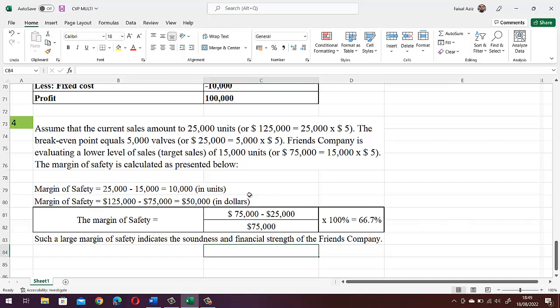Normally when we calculate the margin of safety, we take our reference point as the break-even. Here, the margin of safety ratio which I have calculated is between the lowest target and the actual break-even. The lowest target which the company has already identified is 15,000 units or 75,000.